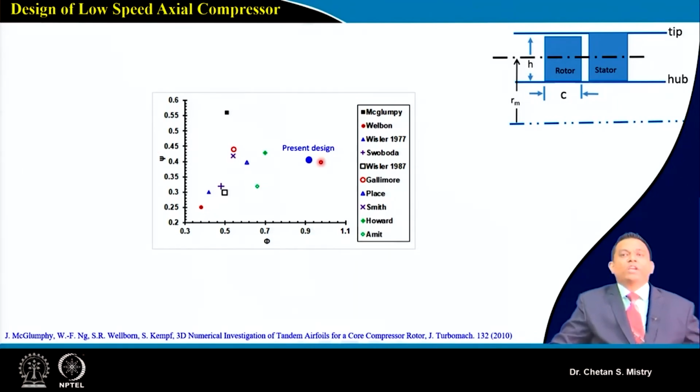Now we have taken this data for a specific reason. Let's try to understand why we are doing the design for this low speed axial flow compressor and why this company is planning to do their testing here.